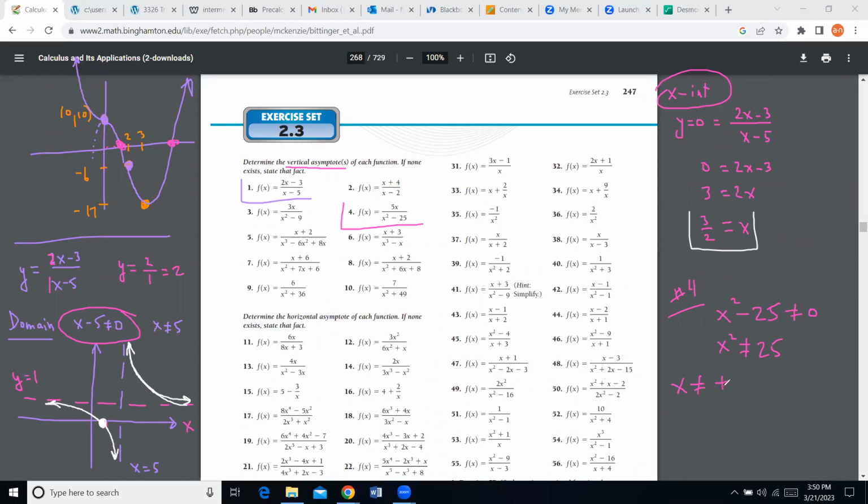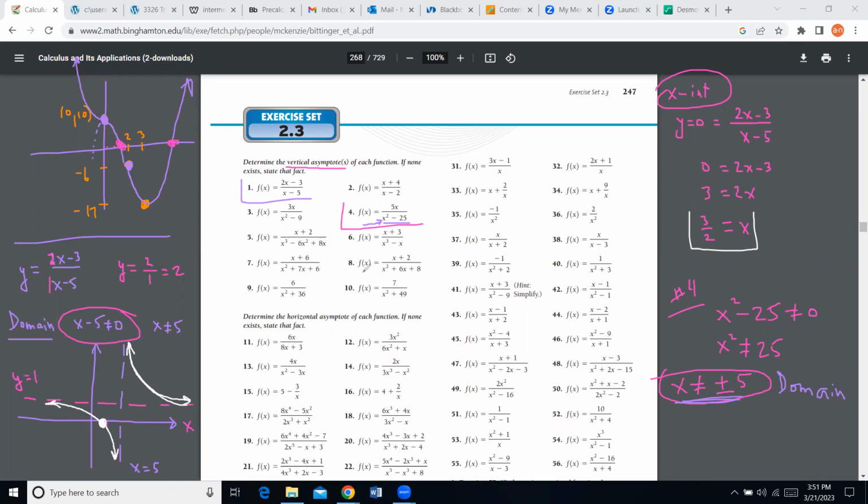Well, it looks like it's either plus 5 or minus 5, because both numbers, positive 5 or negative 5, when I put them here instead of x, will give me 0 in the denominator. So my domain says that x is not 5 and x is not minus 5, and that's actually the pair of zeros of my denominator. So that's how we look for the asymptotes.